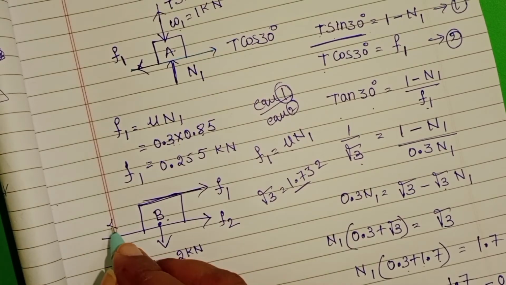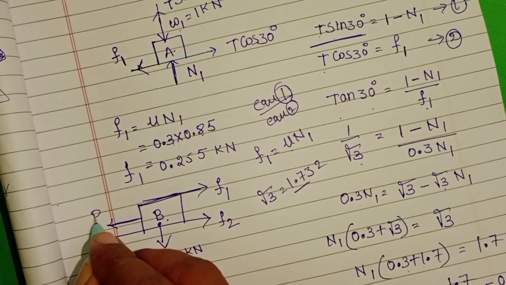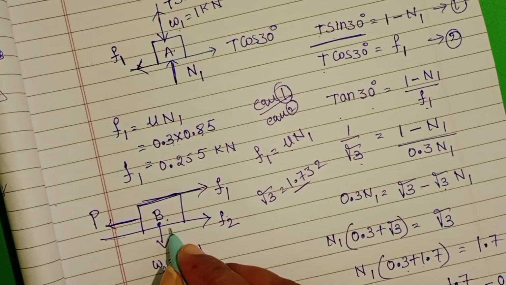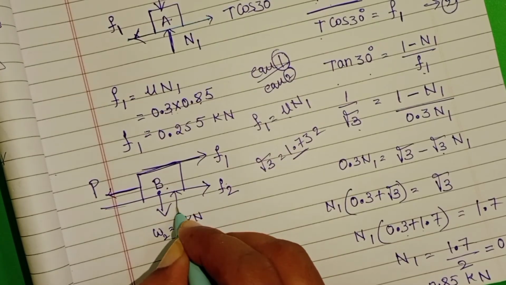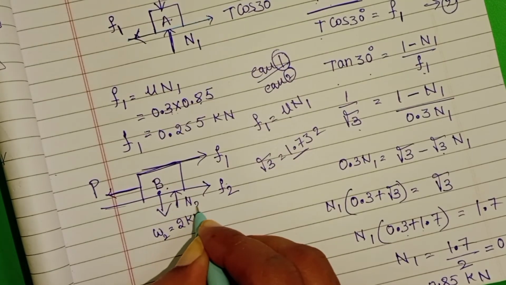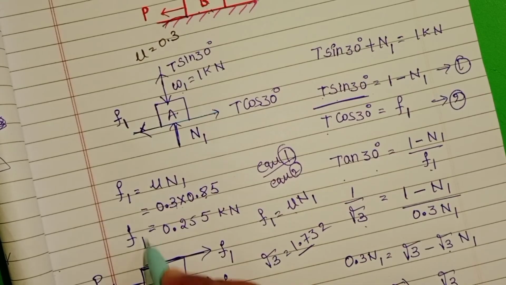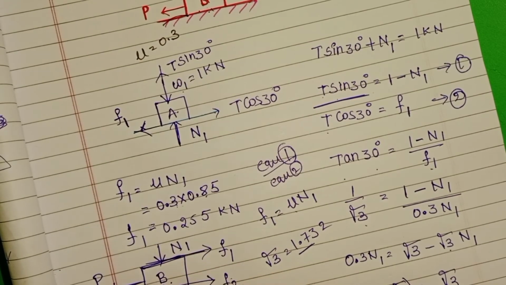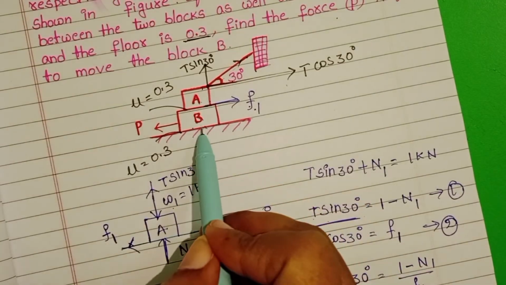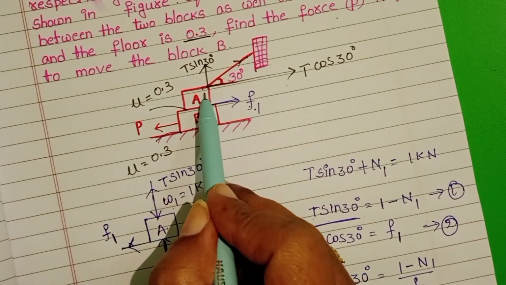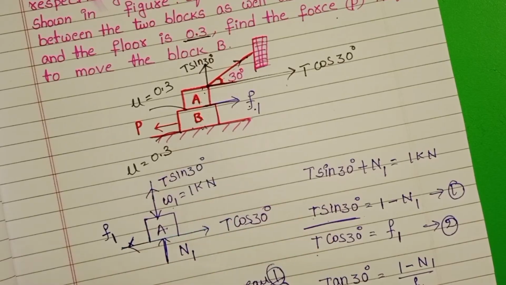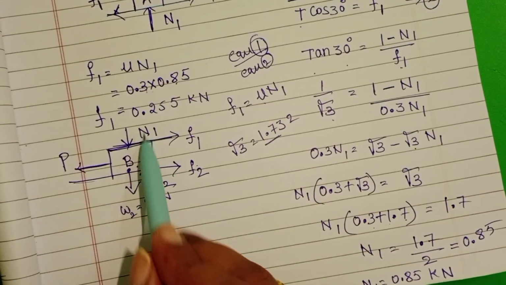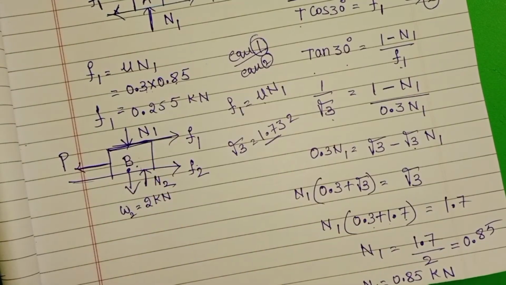And the pulling force, that is P. And now this surface provides a normal force. Let it be N2. A also exerts a normal force in the downward direction. Here we understand A presses B, and at the same time B exerts a force on A. That is N1. N1 acts in the downward direction here.